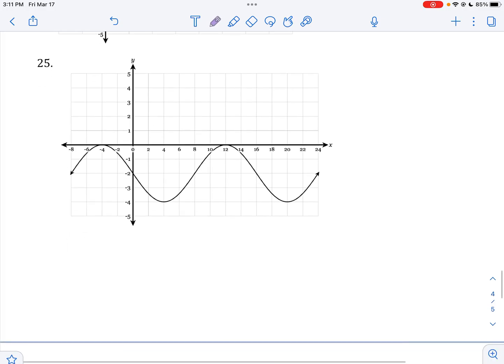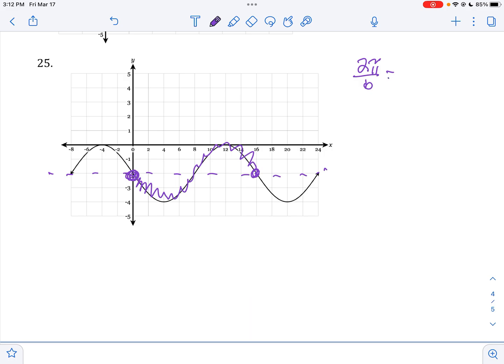And this one, let's see if we can find this. So our midline is at -2. So it goes from here, a full cycle, let's see, would be to here. So our period, 2 pi over b equals 16. So 2 pi equals 16b.